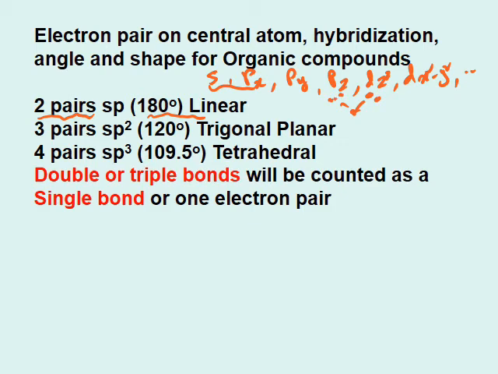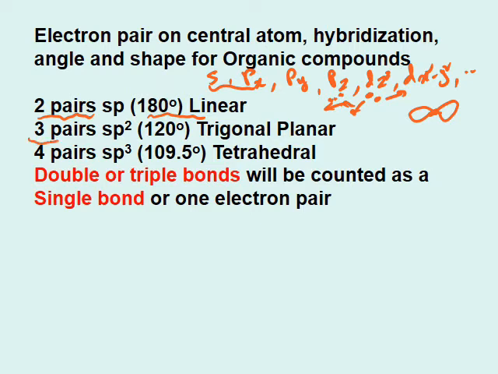But knowing the fact that electrons repel each other, this is not going to be very stable. They try to stay farthest from each other. So the best configuration would be like this, 180 degrees from each other. So sp has two hybrid orbitals and they would be 180 degrees from each other.